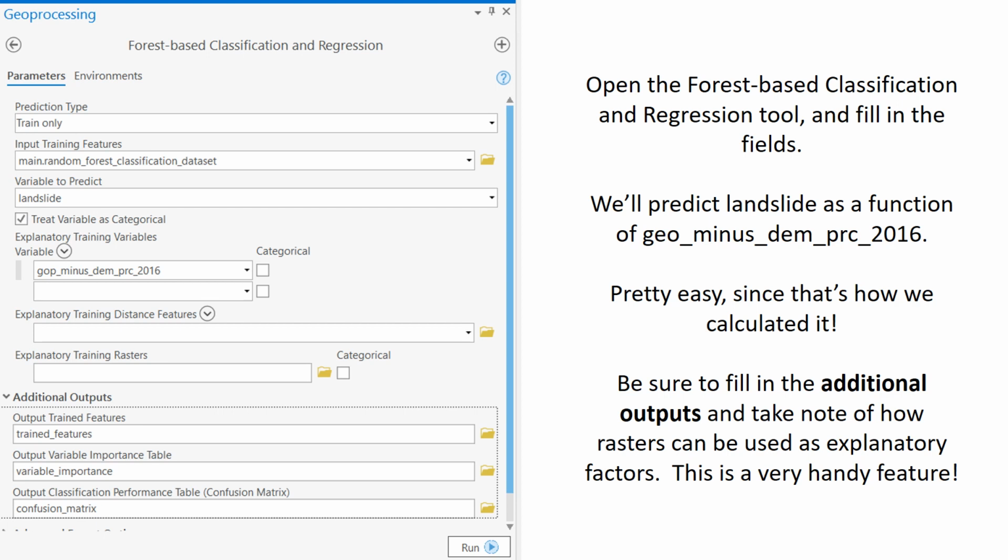But landslidedness is 100% calculated from this field. So how good does random forest-based classification and regression do? One of the things that I would encourage you to do is to look at the additional outputs that you can generate and keep track of those when you run this. There's a lot of really good information in there.